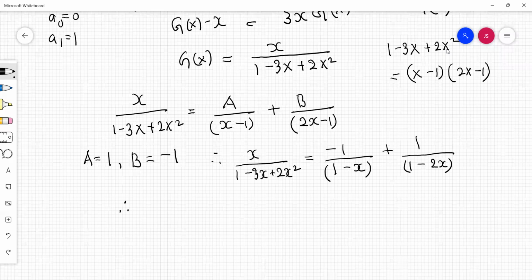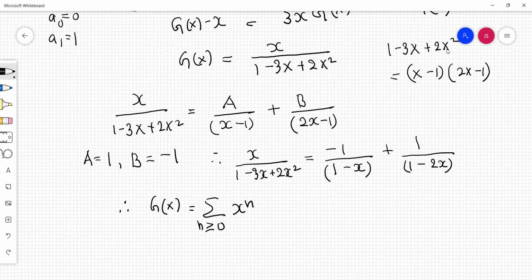Therefore, G(x) equals the sum over n greater than or equal to 0 of the coefficients times x^n. You can actually check the calculations.